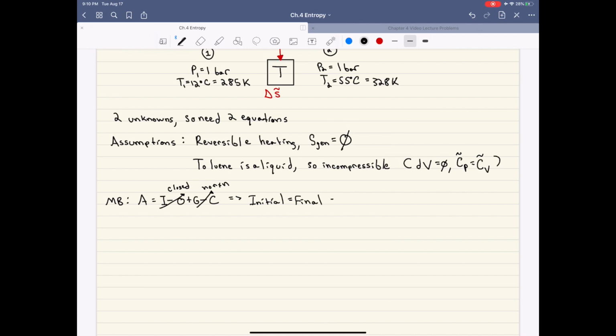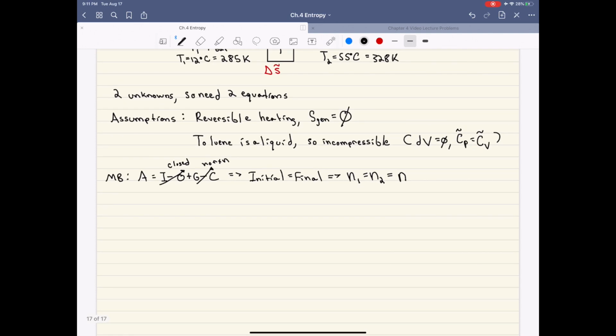The amount of moles in state 1 is equal to the amount of moles in state 2, and we'll just refer to that as some amount of moles. We weren't given an amount of moles in the problem, but that's fine. We'll invoke the fact that the amount of moles is the same in both states, and then normalize any entropy values after that. Our material balance says that the amount of moles is conserved.